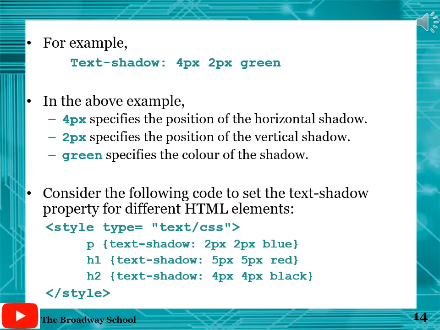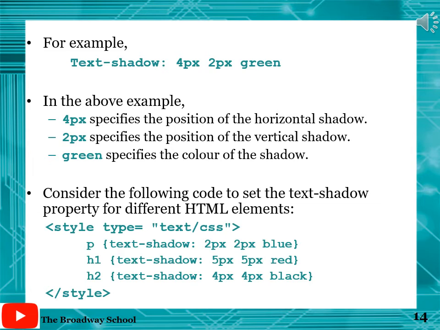For example, text shadow 4px 2px green. In the above example, 4px specify the position of the horizontal shadow, 2px specify the position of the vertical shadow, green specify the color of the shadow.